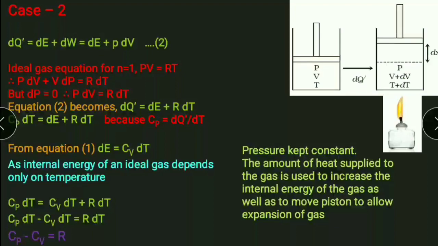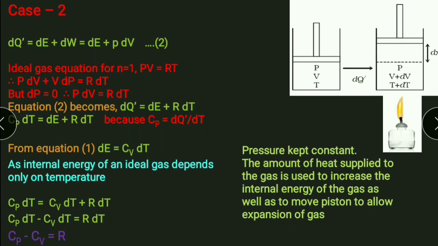Now case 2. In case 2, consider the same container containing 1 mole of a gas having pressure P, volume V, and temperature T. In this case, this piston is free to move. So as we supply heat to this container, the gas expands freely and the piston moves upward.